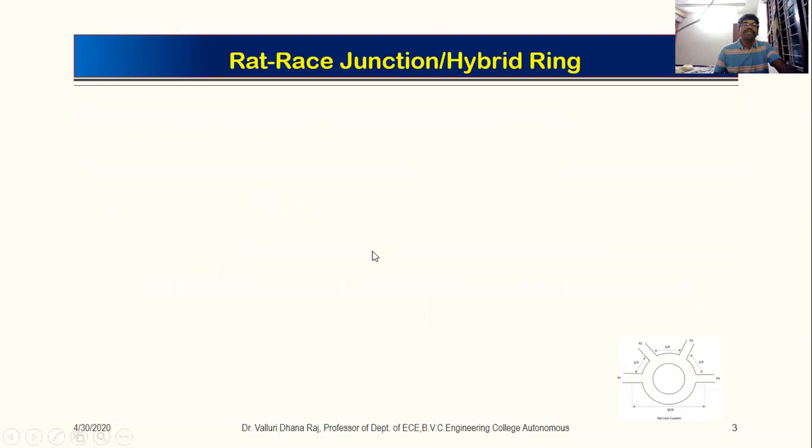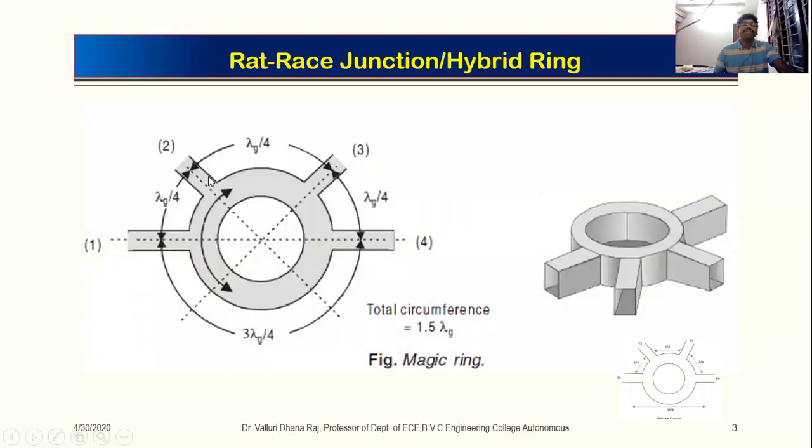See here, port 2 is there, port 3 is there, port 1 is there. When I'm receiving any signal through the antenna, it will be connected to either port 3 or port 1, and there is no power at port 4.